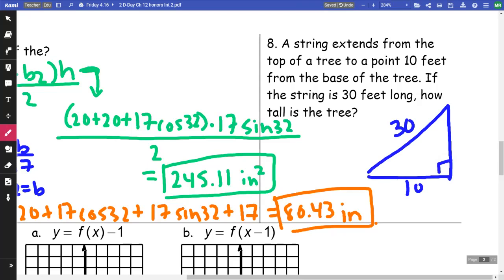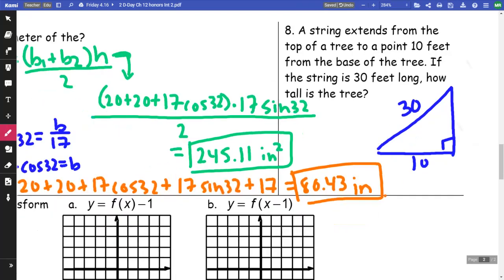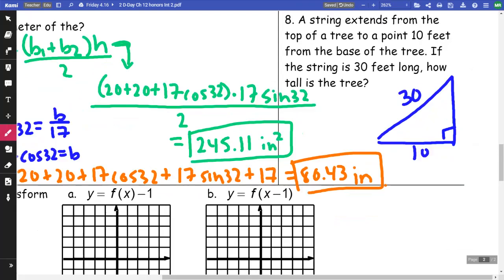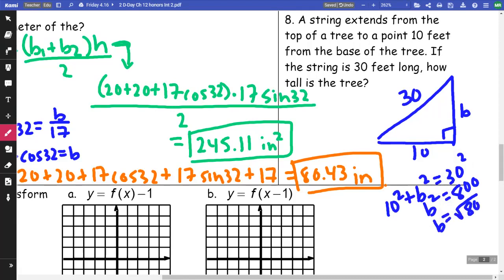And so for this, we can use the Pythagorean theorem. I'm going to be doing 10 squared plus, let's call this b, b squared equals 30 squared. So b squared is equal to 900 minus 100, which is 800. So b is equal to the square root of 800.